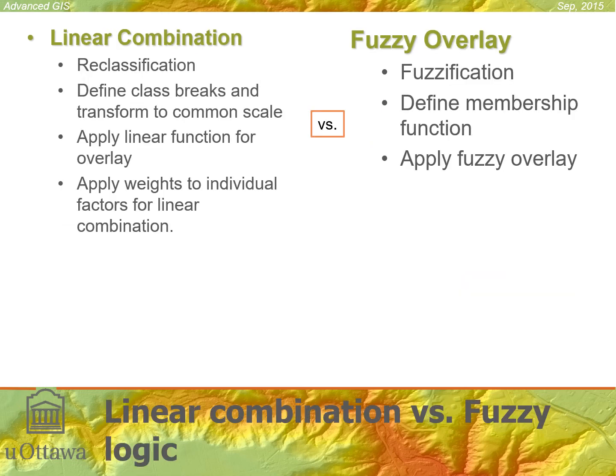So in summary, we have what we can look at here, linear combination versus fuzzy overlay. So linear combination required reclassification into an ordinal scale, and that means defining very precise class breaks to transform our environmental variables or factors into a common scale of 1, 2, and 3.